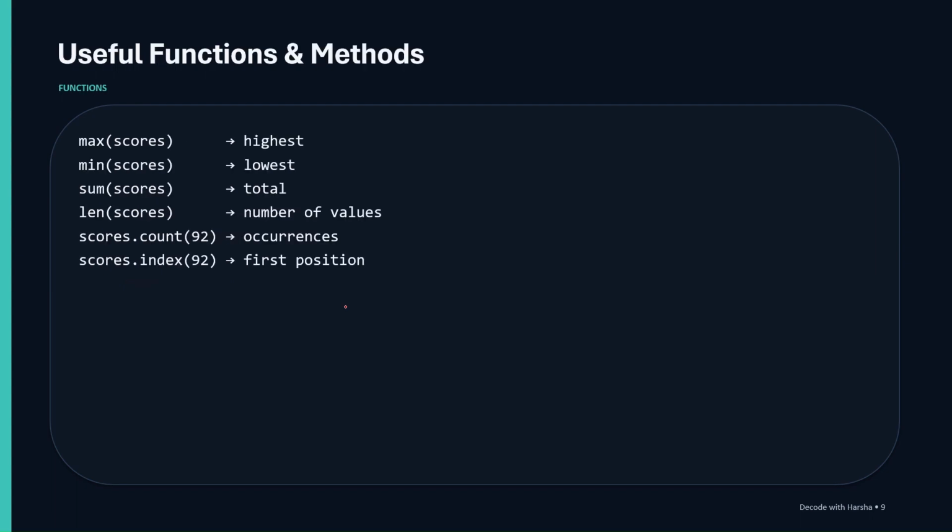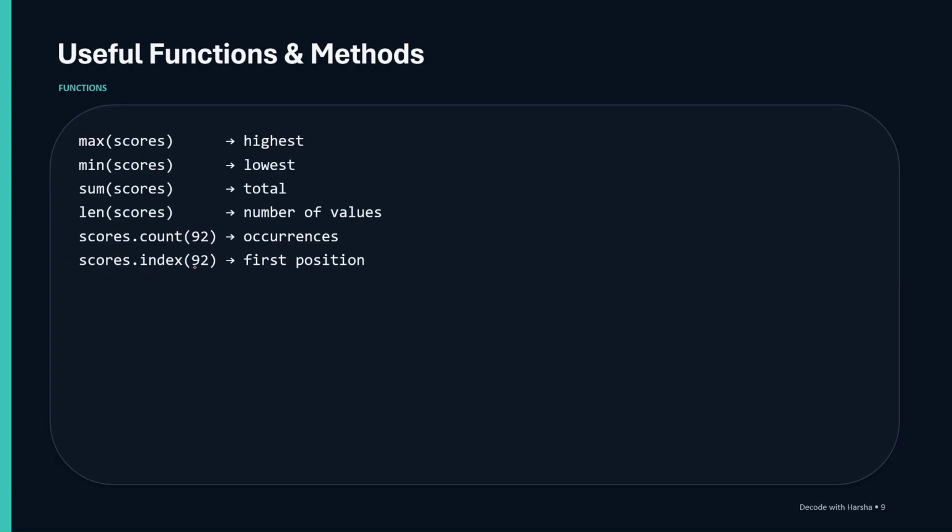These are some of the useful functions and methods that we use in tuples. Max function is used to identify the highest value in the tuple, and min function is used to identify the lowest value in the tuple, and sum method is used to identify the total. Okay, and len is the length of the tuple, so the number of values, and scores dot count is to identify how many times a particular number has occurred.